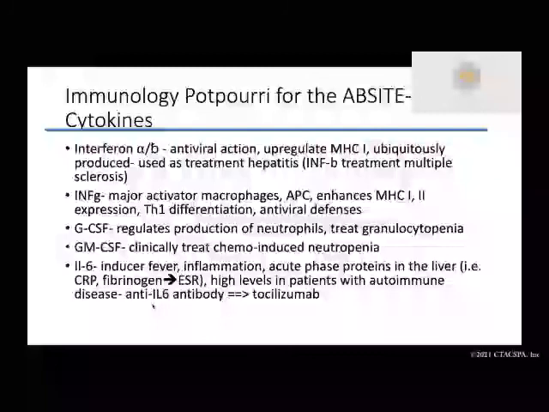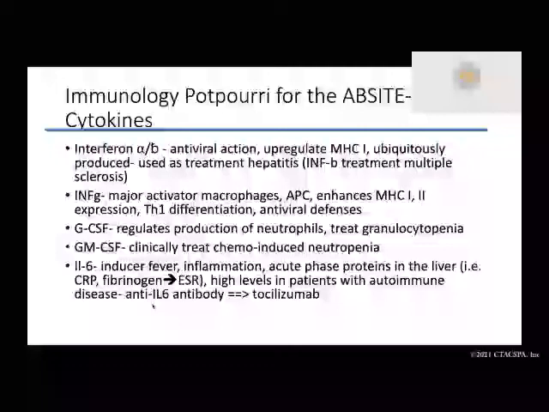Interferon gamma, super, super important now that, more and more attention and therapies are directed on tumor immunology. So it activates macrophages, antigen-presenting cells, enhances MHC class 1 and 2 expression. Th1, if you remember, helper T cells, right, is important in antiviral defenses.